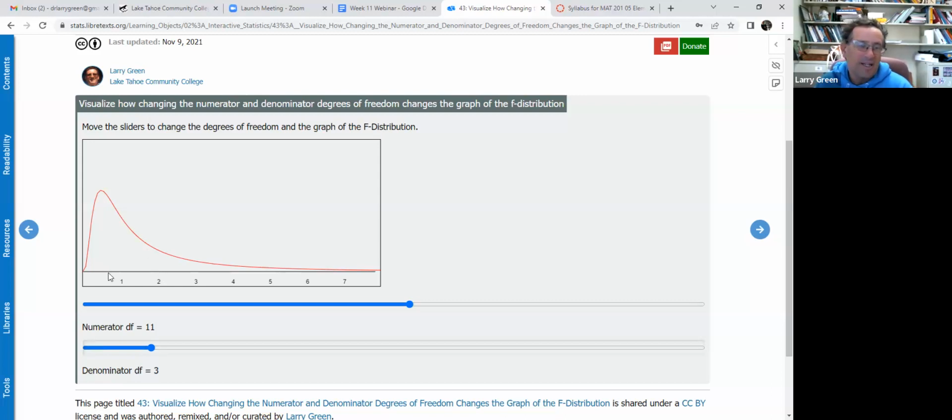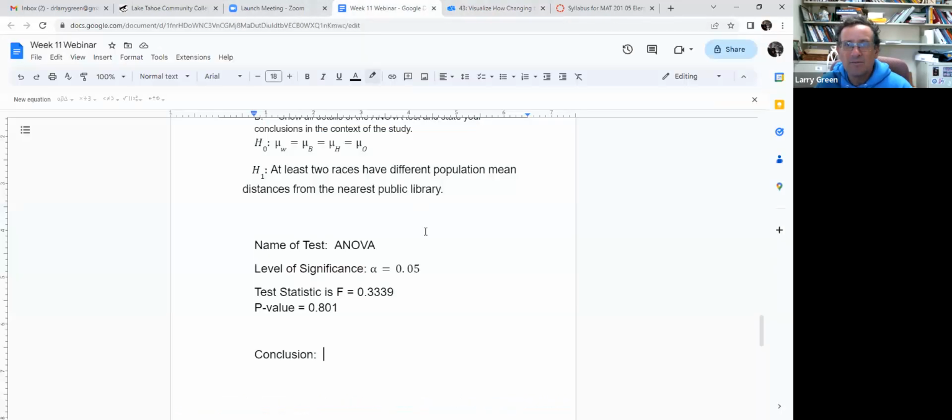So then if our F was 0.33 or something like that, then that's like over here. And you'll notice that the p-value is the area to the right of that, which is a really big area. And that's what we got. We have 0.8 for our p-value. Okay, and there is no left and right tail test on this one.